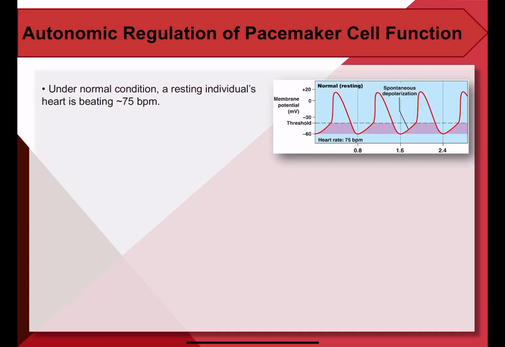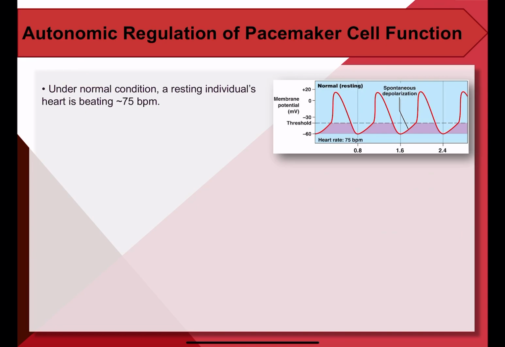So how are they able to do that? Both parasympathetic and sympathetic neurons, how are they able to activate your heart to pump faster or slow your heart down? Well, it goes back to neurotransmitters, because these are neurons. We talked about preganglionic and postganglionic neurons and what neurotransmitter they release, whether in the sympathetic or parasympathetic system, if you remember that.